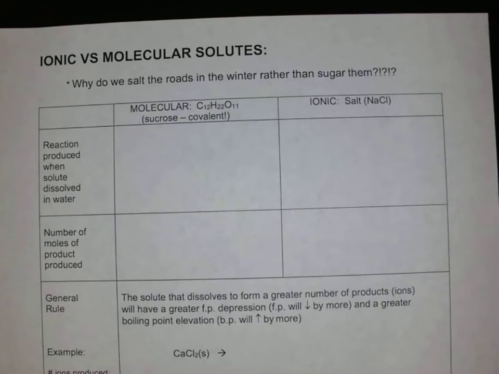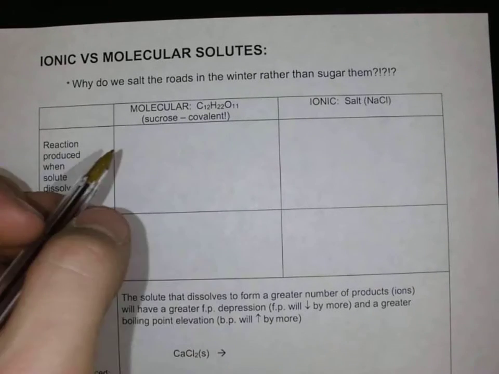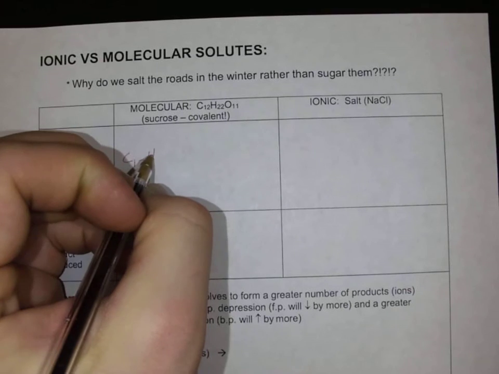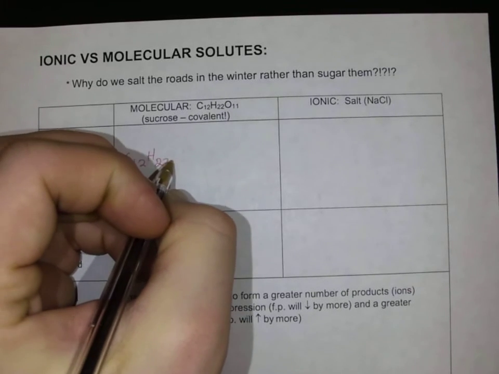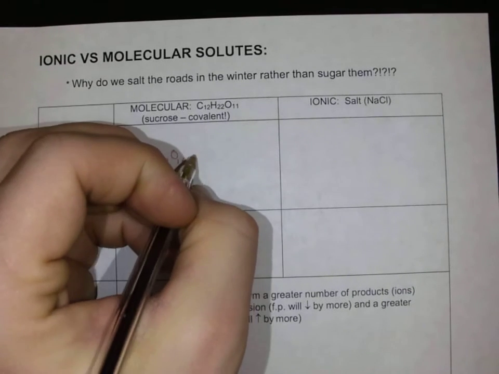So, of course, we've got an example here. We're going to start with the question: why do we salt the roads in the winter rather than sugar them? Why don't we just put sugar on them? Well, if we think about sugar, sucrose, that would be C12H22O11. It starts out as a solid.